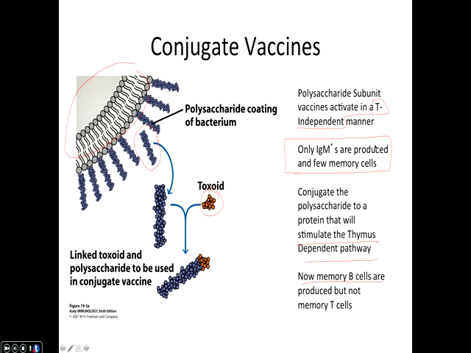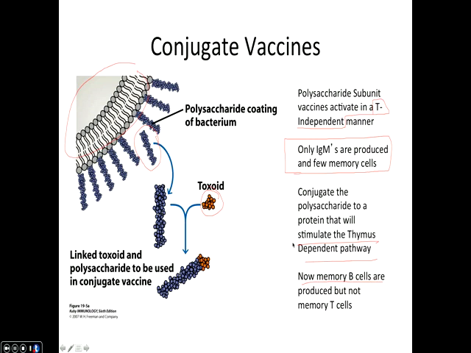If you remember our T cell maturation lectures, when it's thymus independent, you have these B cells that go without the help of T helper cells. You don't produce memory cells. You don't go through class switching, and so with these polysaccharide coatings, you get a limited immune response. By adding this toxoid, it creates an antigen that will now stimulate thymus dependent.